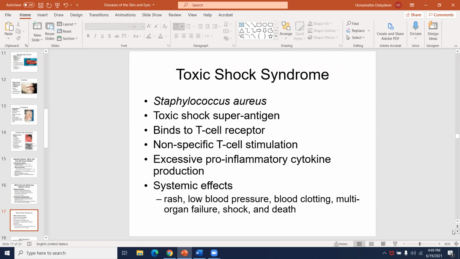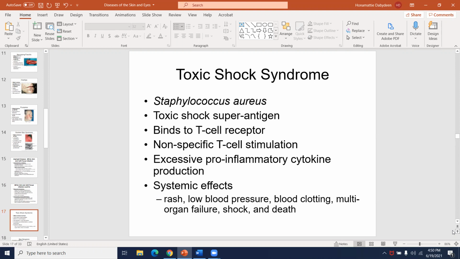Toxic shock syndrome is one of those diseases. Well, it's caused by the Staph aureus, and the organism produces a toxin, which is considered to be like a super antigen. And the super antigens, maybe I didn't go into the details of the super antigens when I was doing your specific immunologic response, but they will elicit a massive immune reaction.